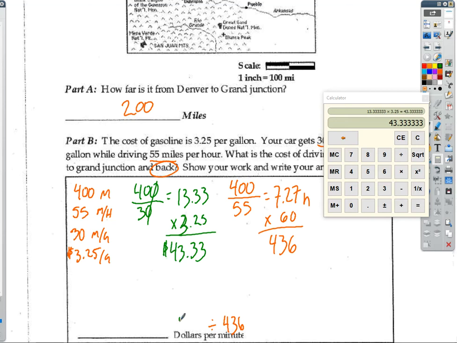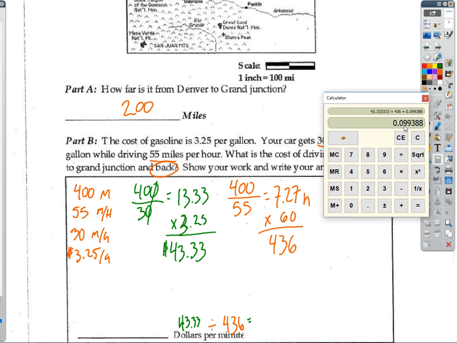Alright, so I'm going to add that to my little equation here. And so now I'm in prime shape to find my dollars per minute. How much am I spending every minute that I'm driving on I-70? Well, that's really close to rounding up. What is that?